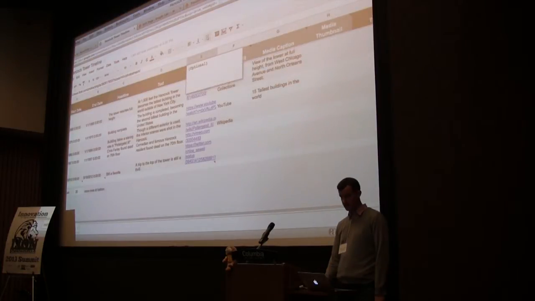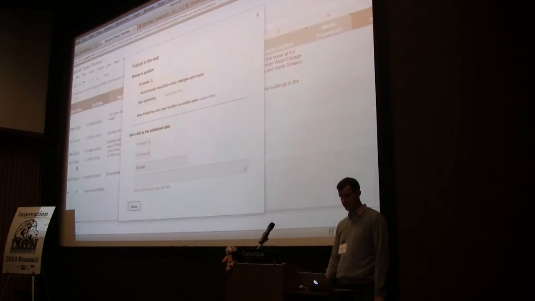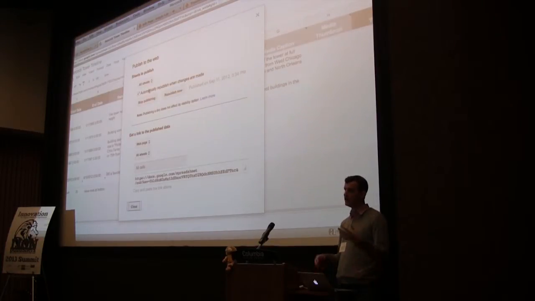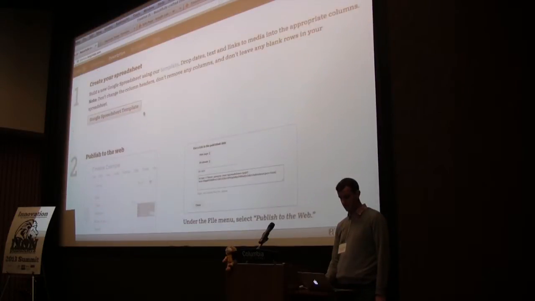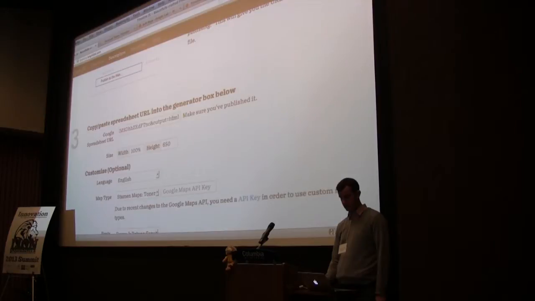From here, I go publish to web. If you click automatically republish when changes are made, any changes you make in the spreadsheet automatically show up on your site, which is a pretty cool feature. Come down here, copy this, come back here, and copy and paste that URL into this box.